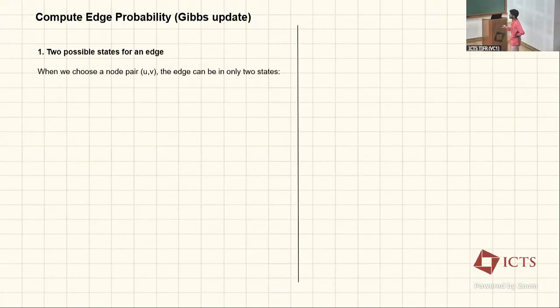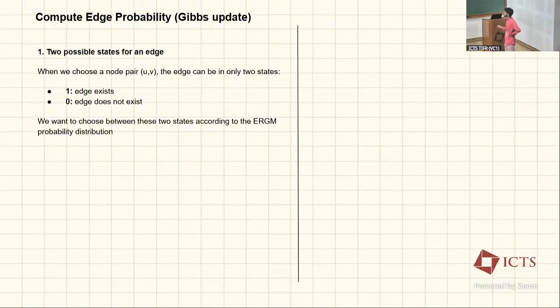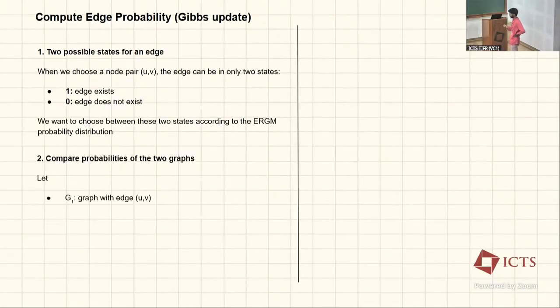So an edge could be in two possible states. Let's say if a graph has an edge, we call it 1, and 0 if it does not have an edge. And we want to choose between these two states according to the ERGM distribution. So we'll compare the probability of these two graphs. Let's say G1 is our graph which has this edge, and G0 is the graph without the edge.